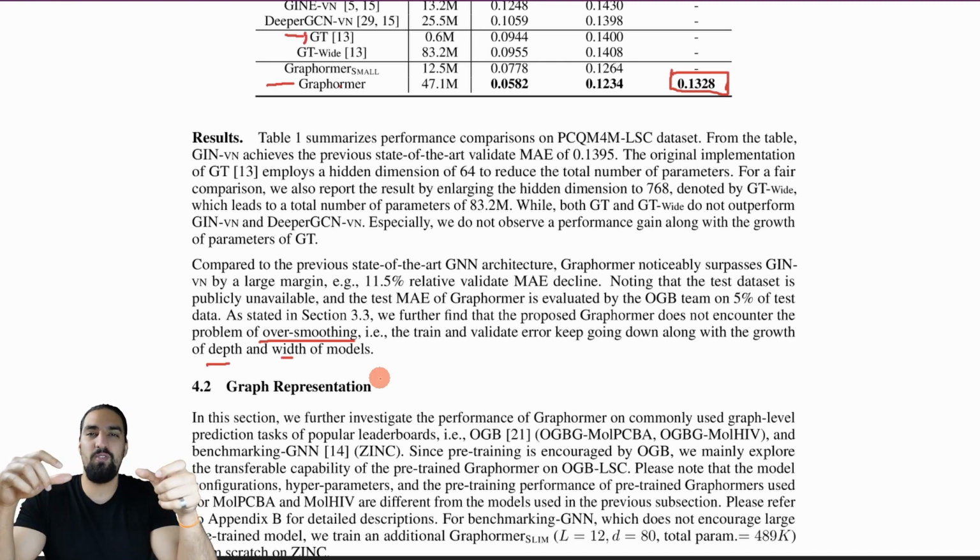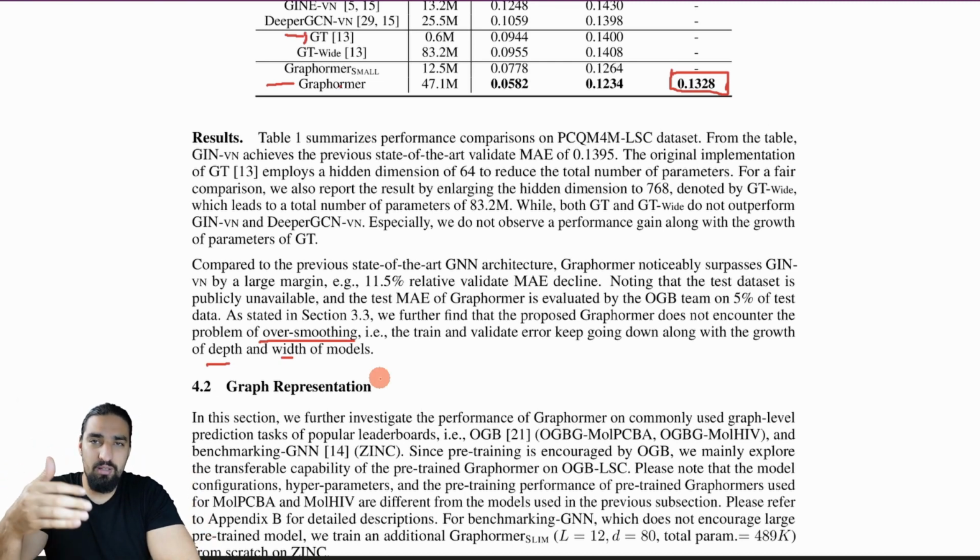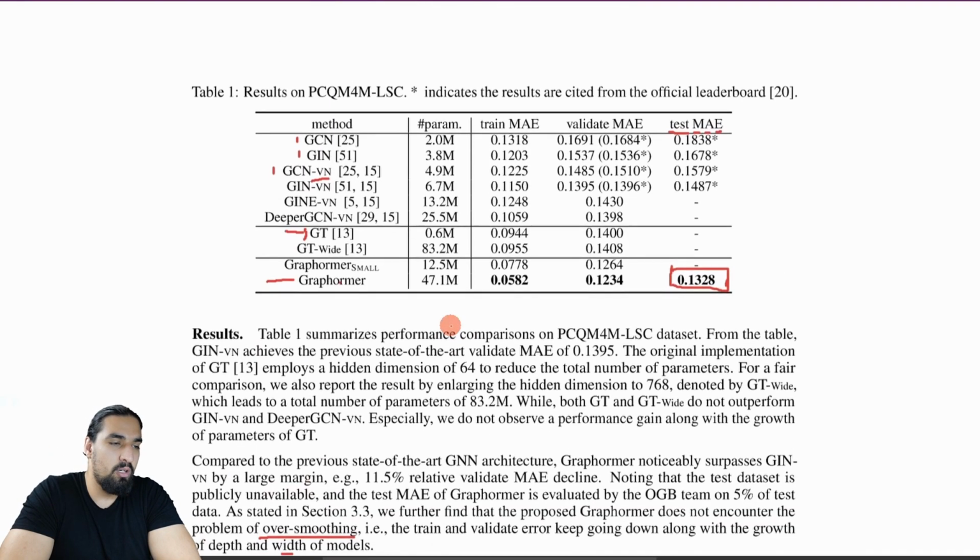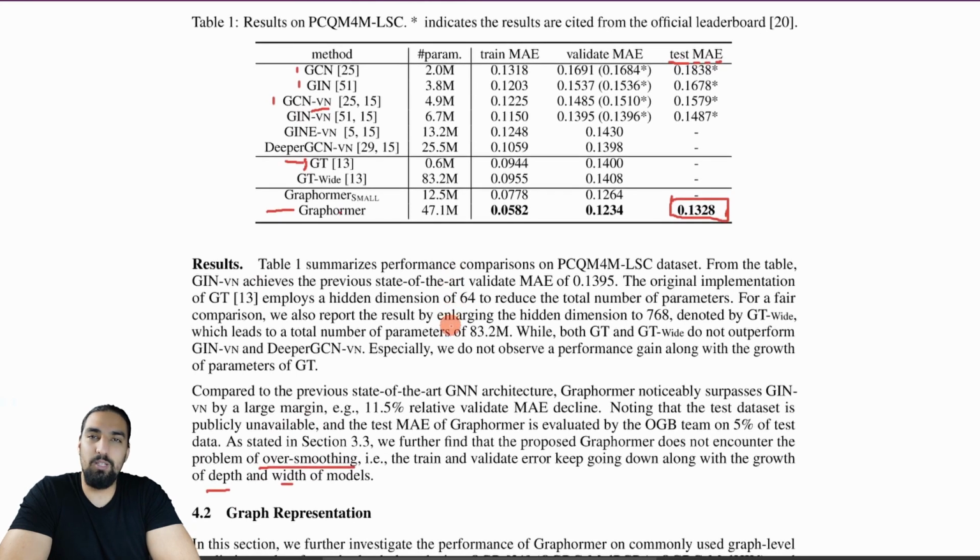So all of your feature vectors start collapsing into the very same representation, and thus you don't have the discriminative power to figure out whatever the task at hand is, so maybe predict the solubility of the molecule, whatever. So that's the over-smoothing problem, and it seems that Graphormer kind of dealt with it.